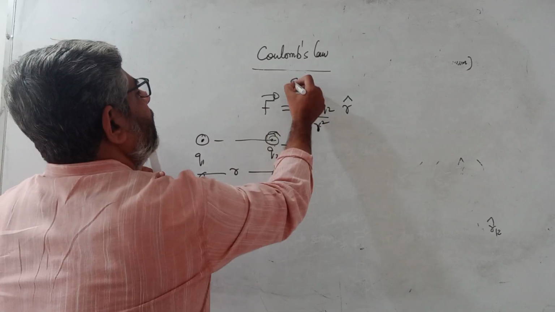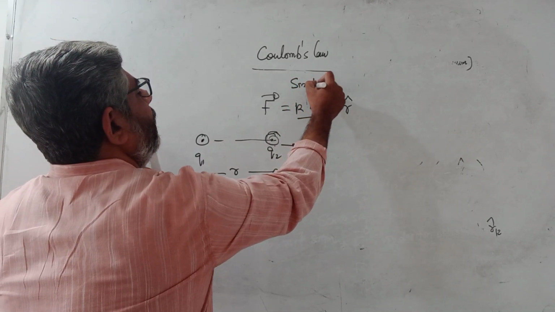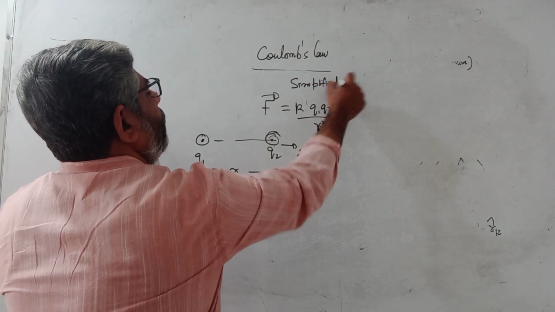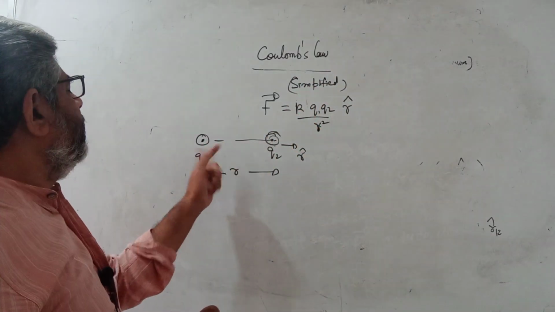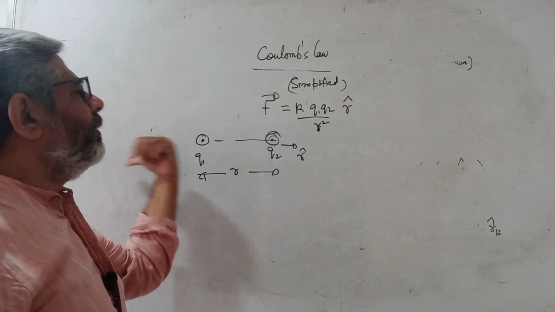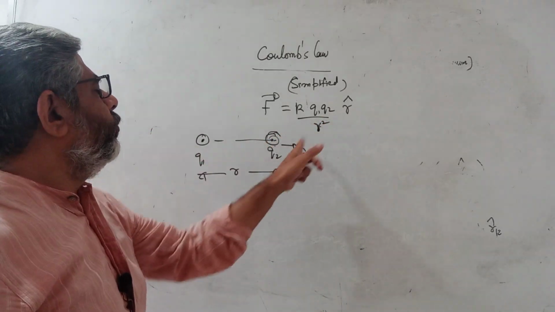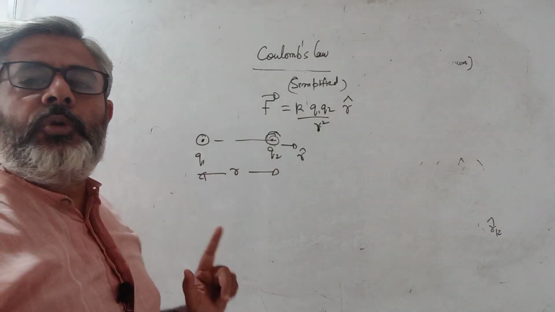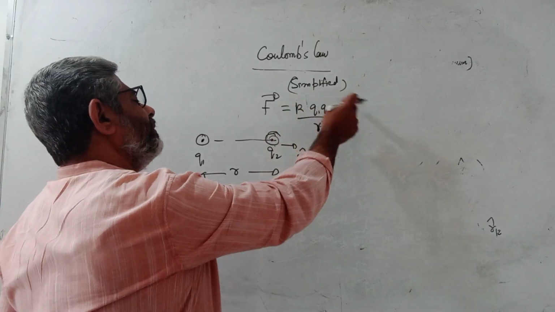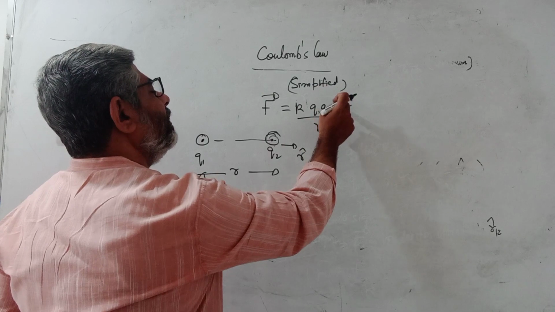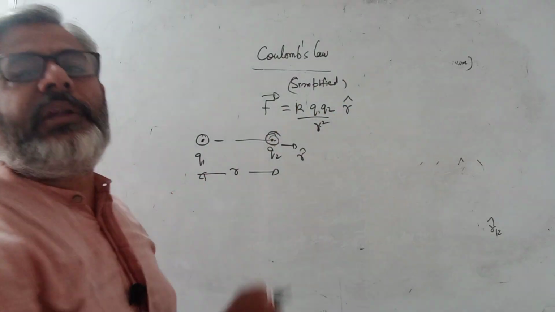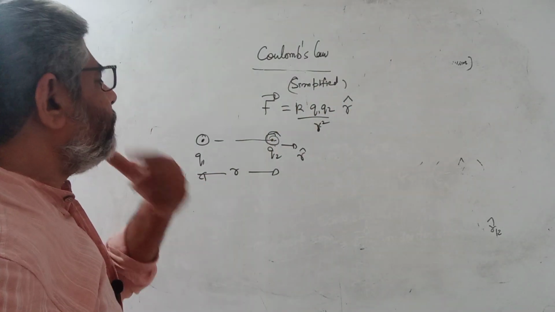So this is the simplified form of Coulomb's law. Remember, if you are finding force on Q1, then you will take a unit vector away from Q1, and if you are finding force on Q2, then away from Q2. And give the signs. If plus plus, then the same sign of this will be the force, and if this is plus minus, then opposite sign of this, or the attractive, will be the force.